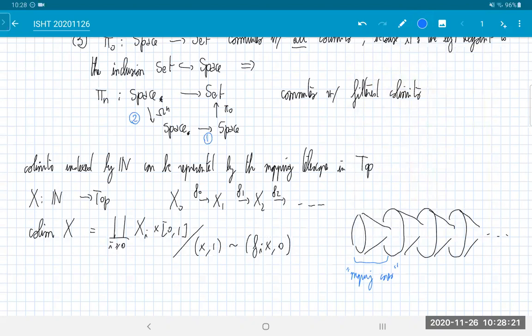And very often it is computed as the colimit in spaces. No, sorry. Yeah, cylinder. It's the mapping cylinder, of course.